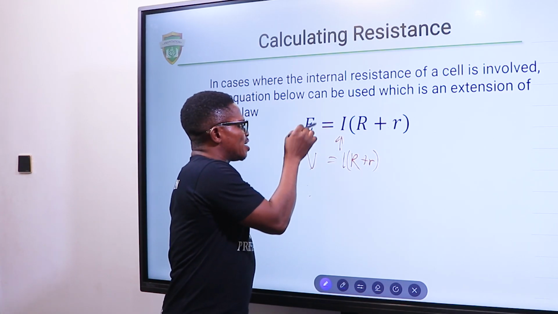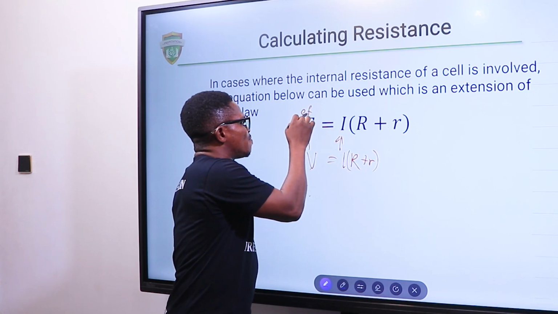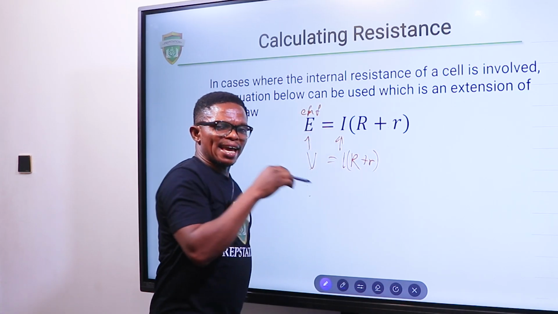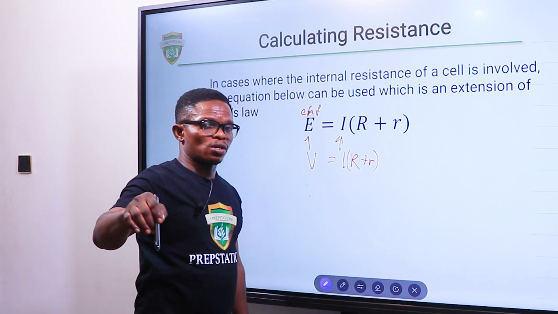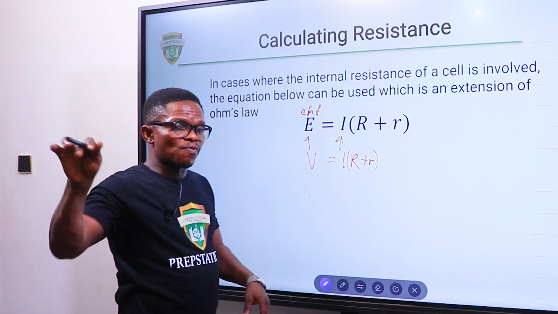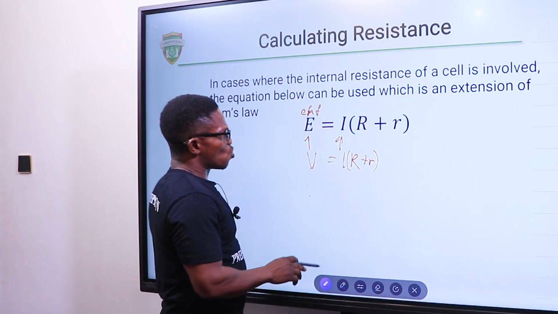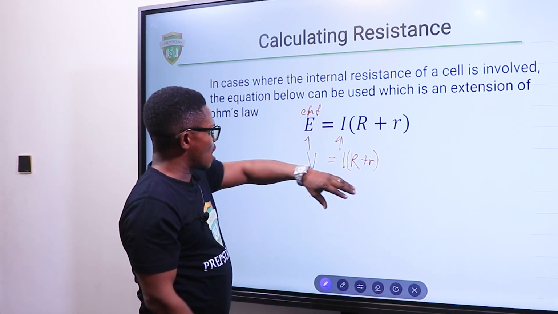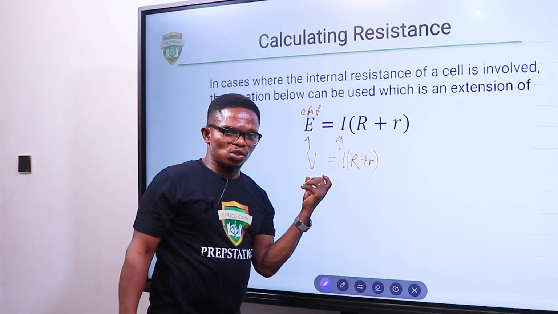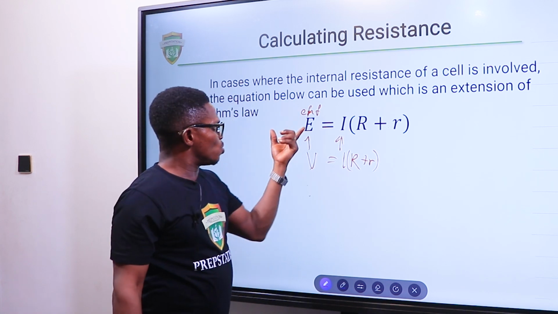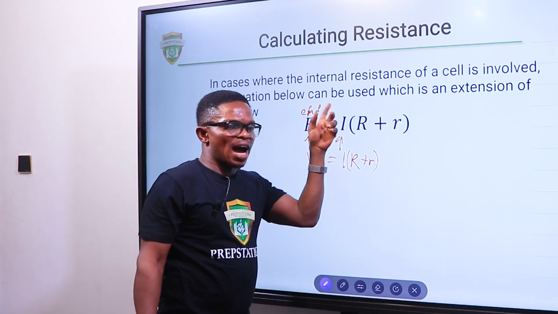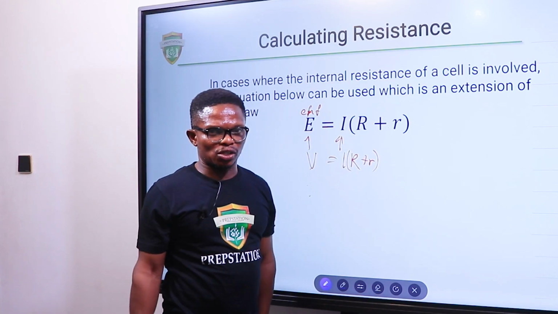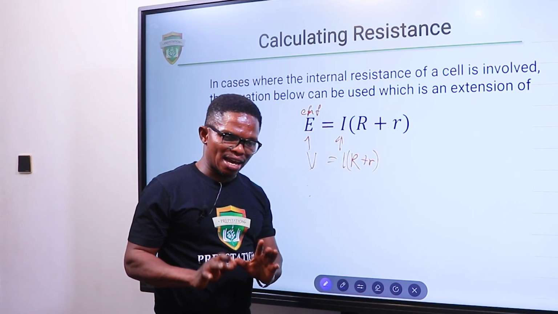So E here is called EMF, which means electromotive force. Whenever internal resistance is involved in the calculation, you can no longer use V equals IR. You simply use E equals I bracket R plus r. I believe that was clear enough.